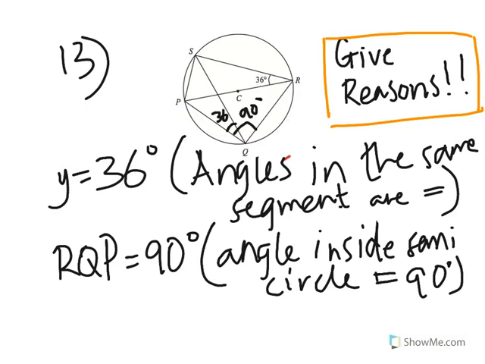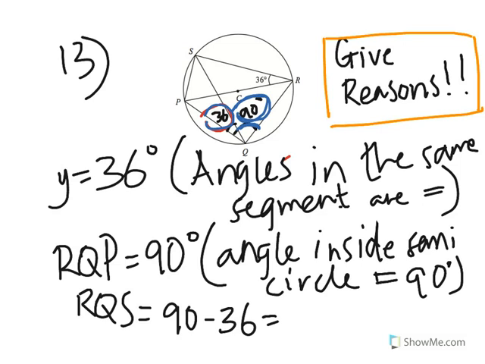Okay, so now that you know the whole angle is equal to 90 degrees, and you know that this part of the angle is equal to 36, if we subtract this from this, we can get this angle over here. So the angle RQS is equal to 90 degrees minus 36, which is equal to 54 degrees.